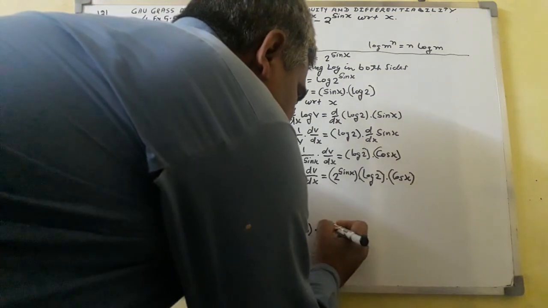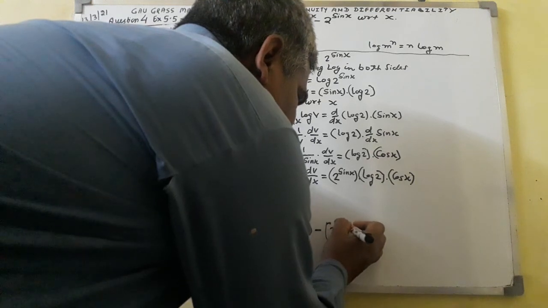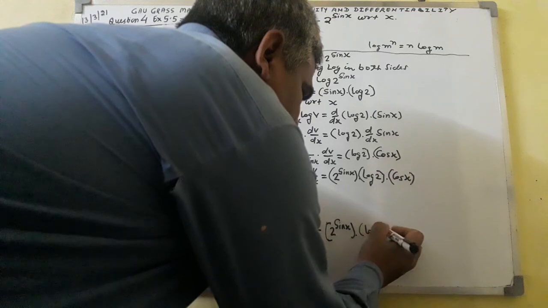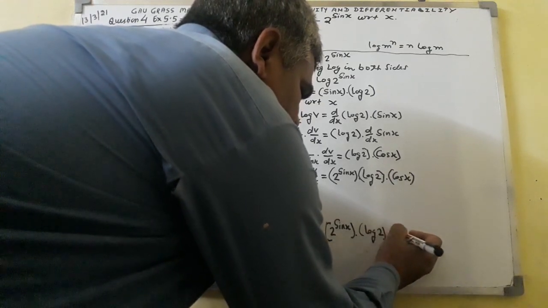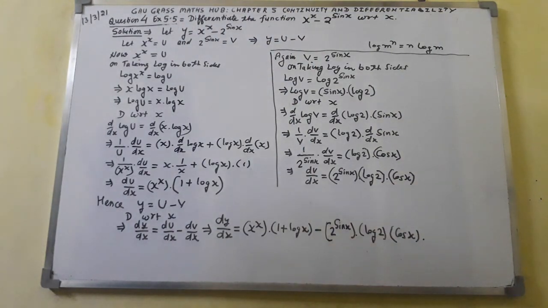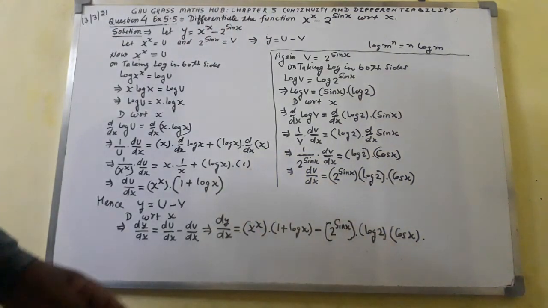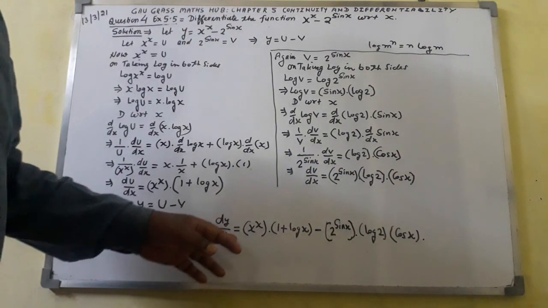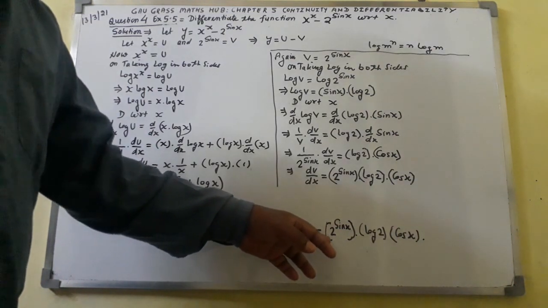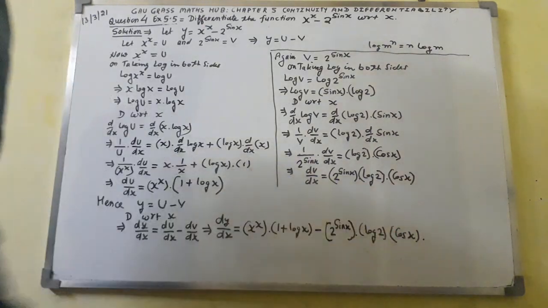So here I shall write 2 raised to power sin x log 2 dot cos x. This will be the correct answer you have got. dy over dx equal to x raised to power x dot 1 plus log x bracket close, minus 2 raised to power sin x dot log 2 dot cos x.